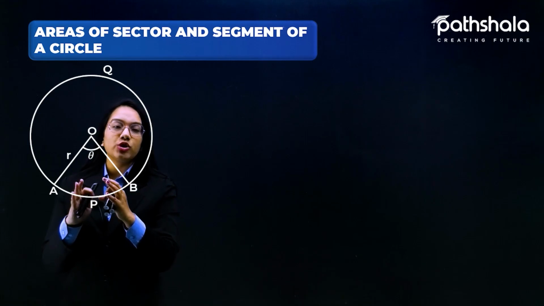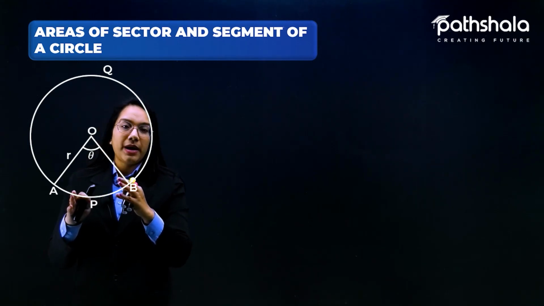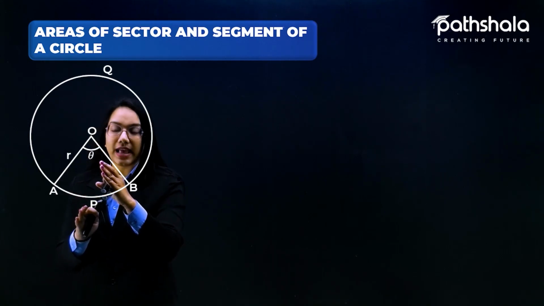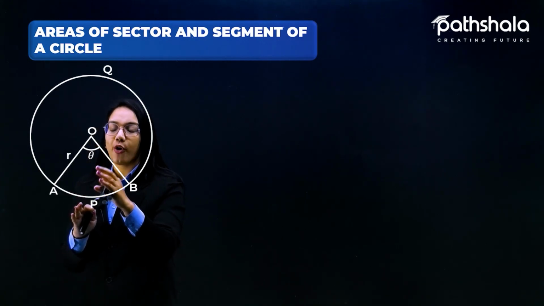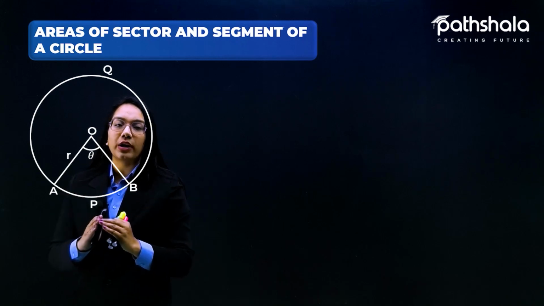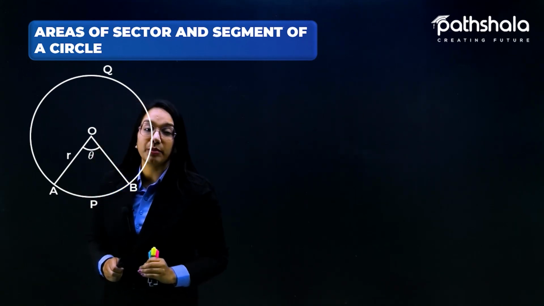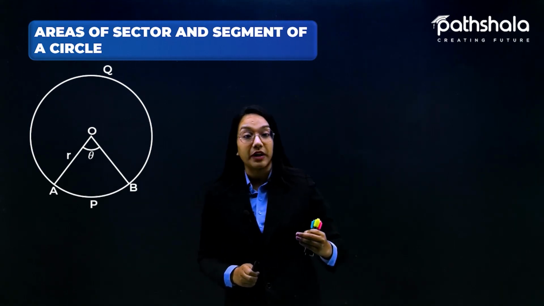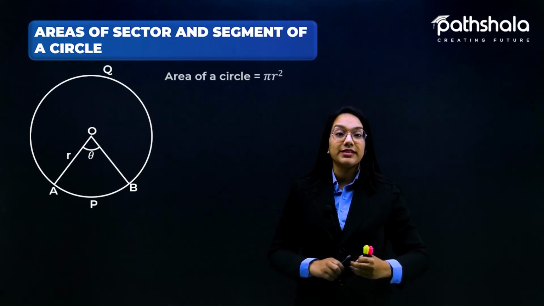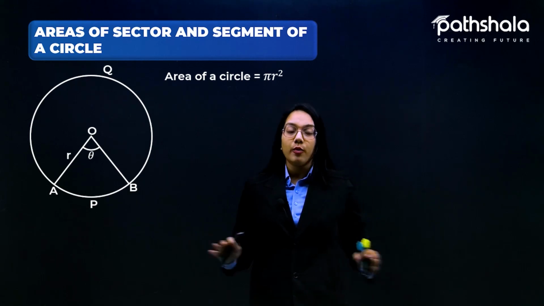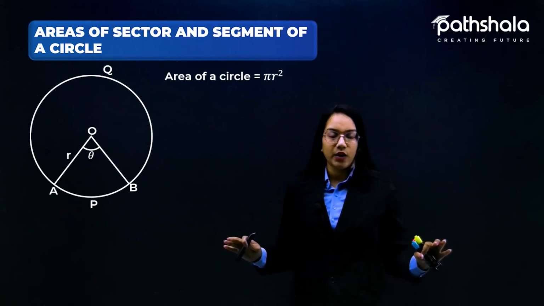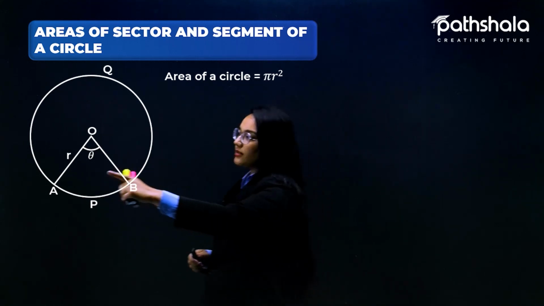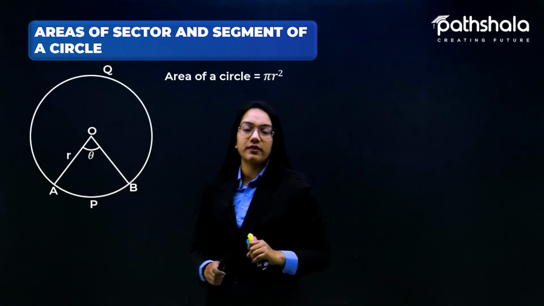Let us take this as my minor sector, and this angle formed at the center of the circle is theta. We know that the area of this circle is pi r square, where r is the radius of the circle.